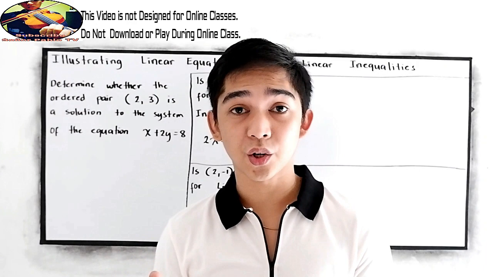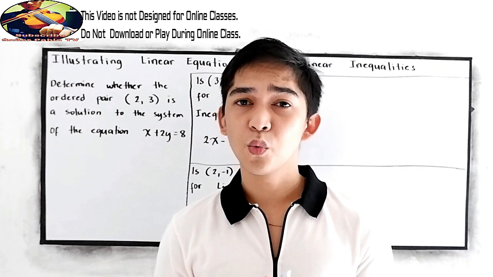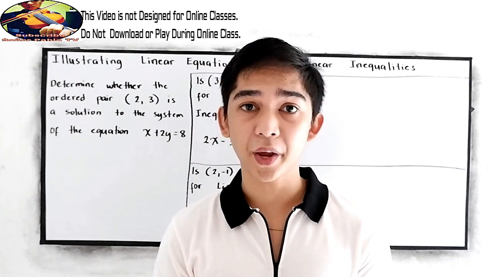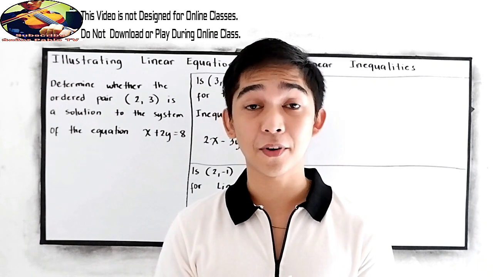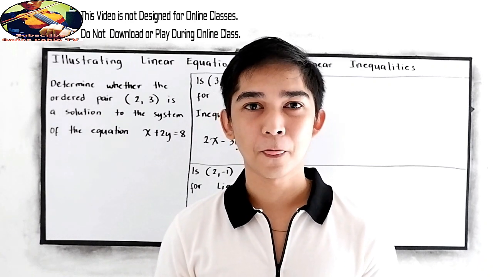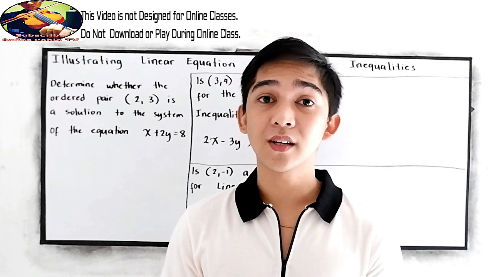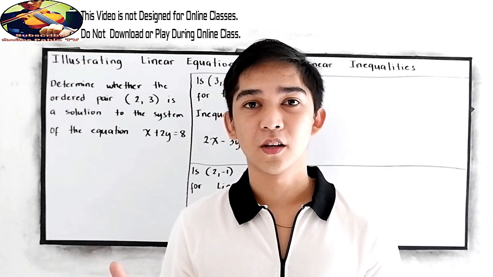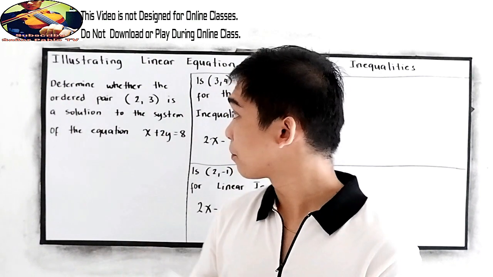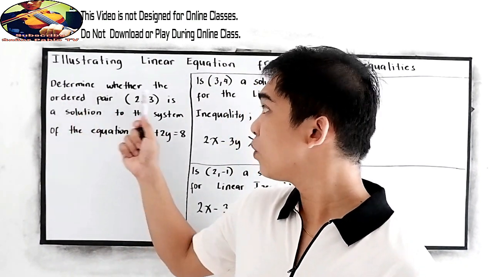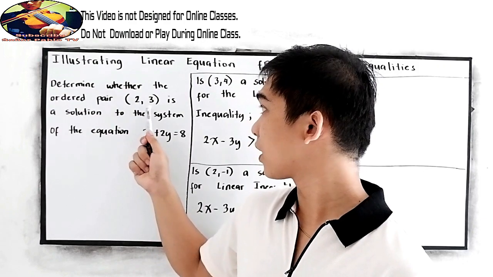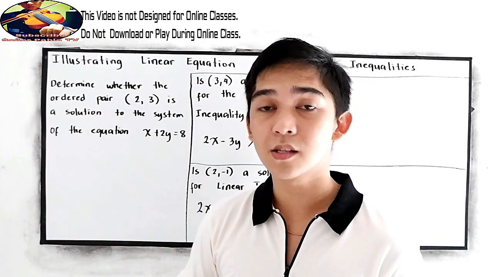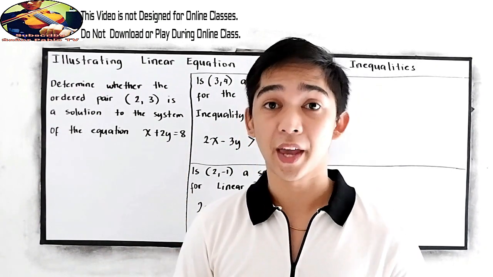In linear equations and in linear inequalities, we need to test whether the values or the ordered pair is a solution of the given equation or inequality. We discussed our linear equation in our previous videos. Now, let us review this problem. Determine whether the ordered pair 2, 3 is a solution to the equation x plus 2y is equal to 8.